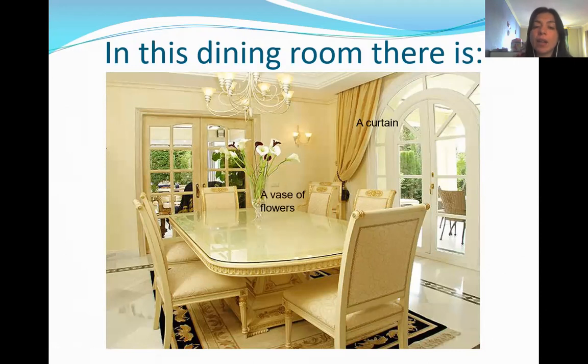There is a vase of flowers. Hay un jarro, bueno, un vaso con flores, ¿sí? Que sería un florero. There is 1 table. Hay una mesa. There is a rug on the floor. Hay una alfombra en el piso.